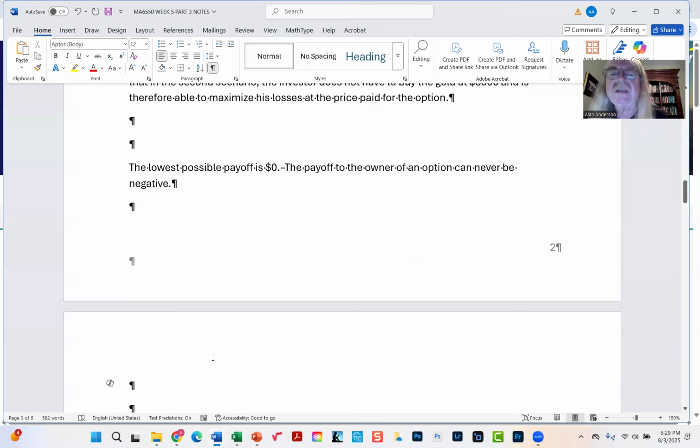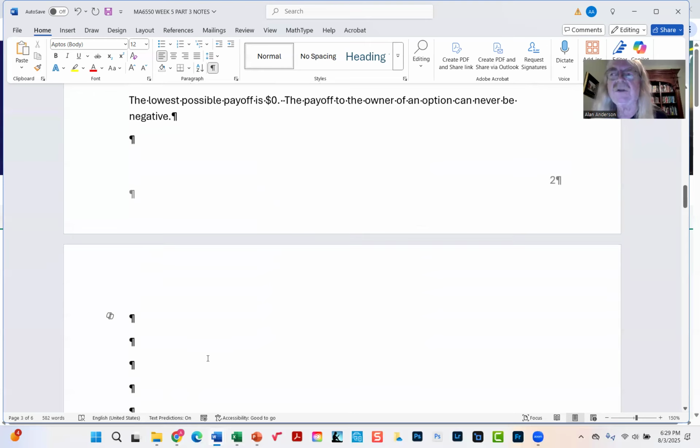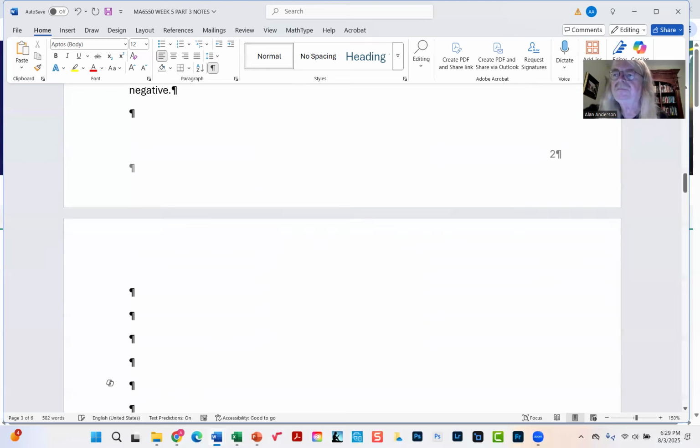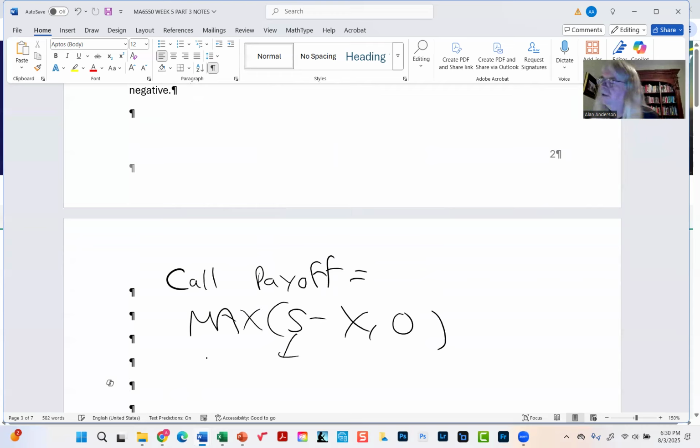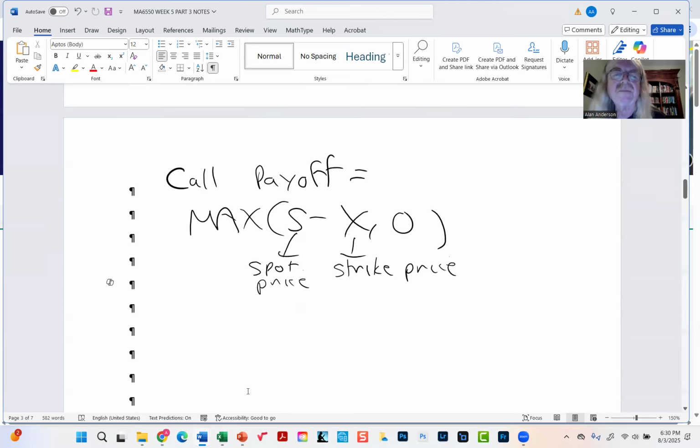Now, what we're going to do is I will actually summarize this with some algebra. It's going to be written like this. S is the spot price of the asset. X is the strike price of the option. Max, of course, means maximum.